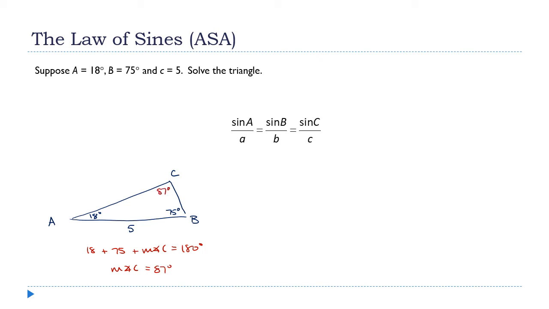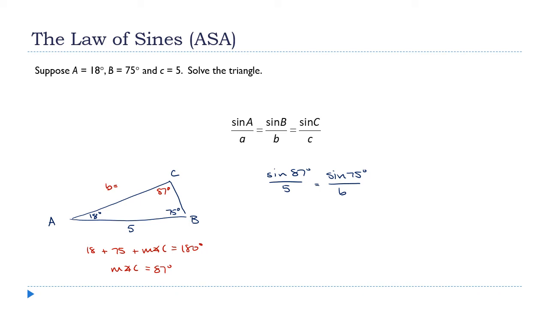Okay, and now we can fall back on the law of sines. I'll find B first. So sine 87 degrees divided by 5 equals the sine of 75 degrees divided by B. Then you could do the cross multiplying if you like.